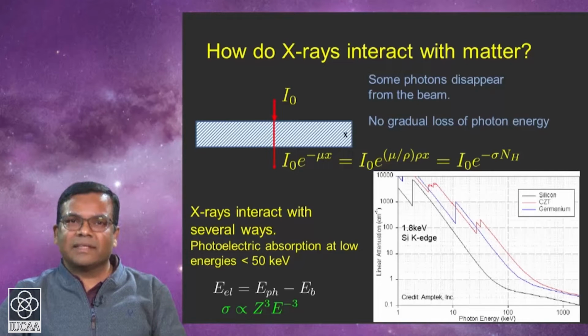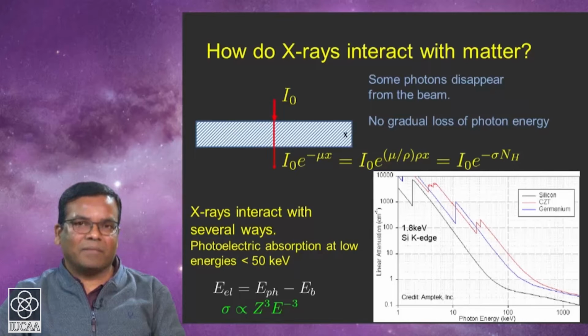The absorption cross section varies with energy as E to the power minus 3, and this figure essentially shows how the absorption coefficient varies with energy. The absorption cross section decreases as E to the power minus 3, but when the energy is high enough to eject one of these electrons, the absorption cross section suddenly jumps up, causing absorption edges in the observed spectrum.